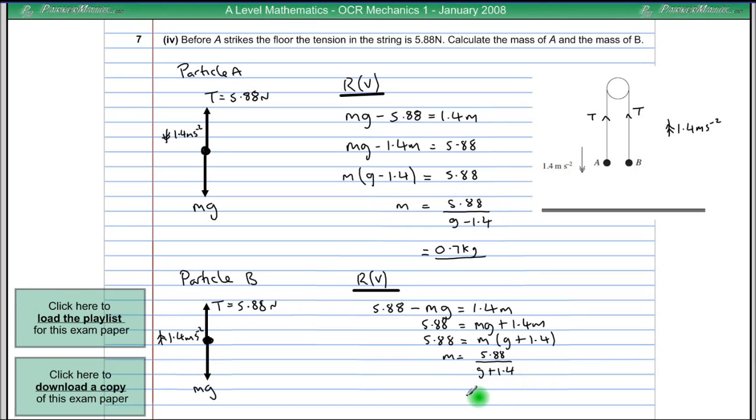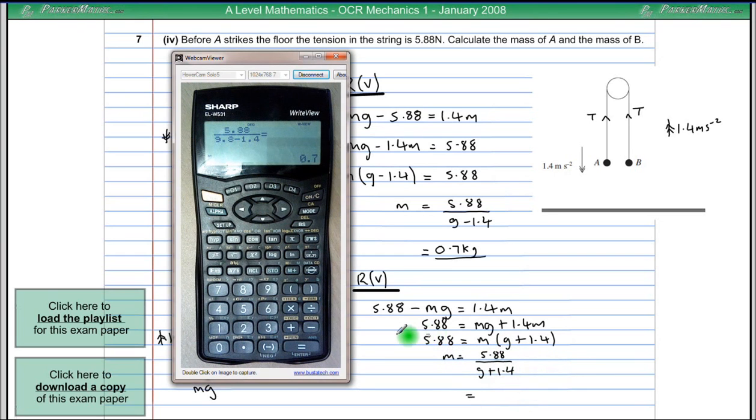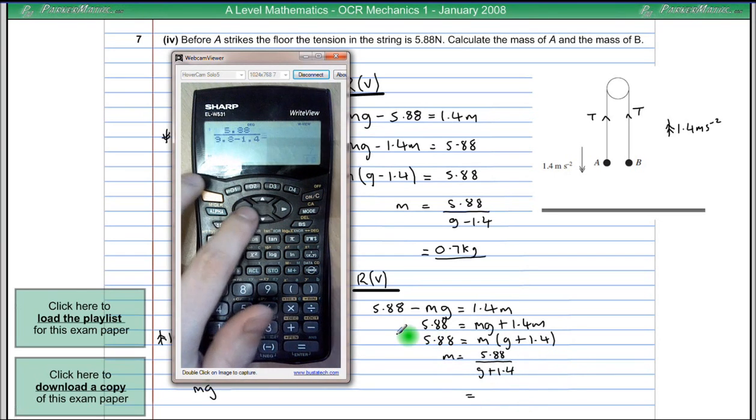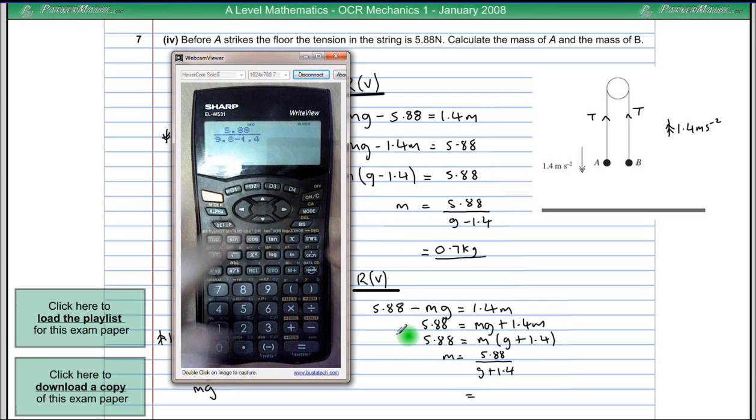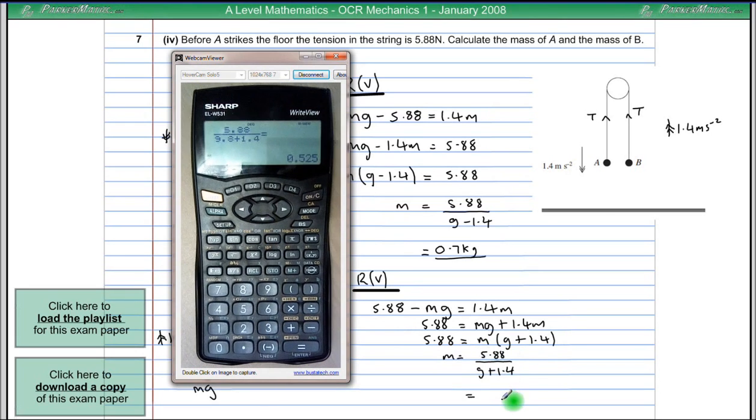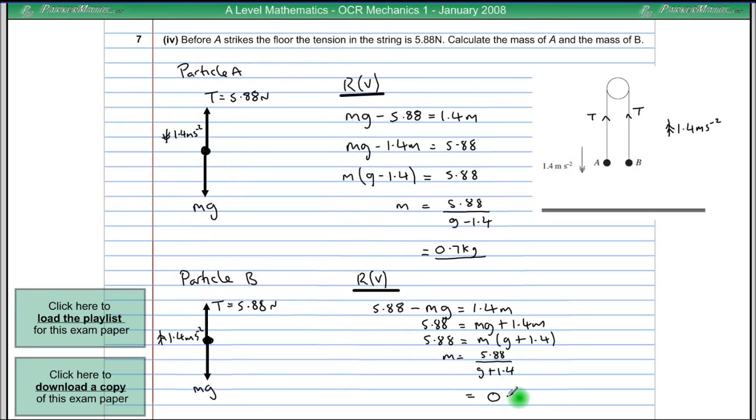So a very similar calculation to what we did before. In fact, we can just modify it slightly in our calculator to save some time, and we get 0.525 kilograms. So the mass of particle B is 0.525 kilograms.